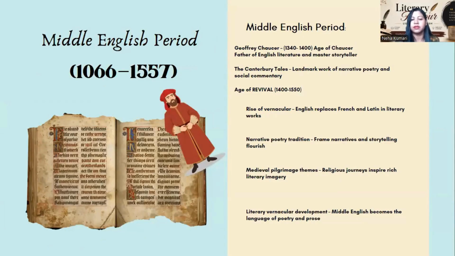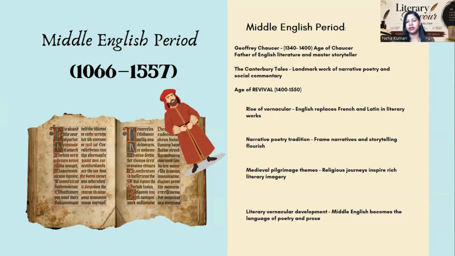Now, the next period is the Middle English period, which extends from 1066 to 1500 AD. This period begins with the Norman conquest of England in 1066 AD. French and Latin influences enriched the English language and transformed the literary circle. Religion played a dominant role in literature. Mystery plays, morality plays, and religious writings became popular.